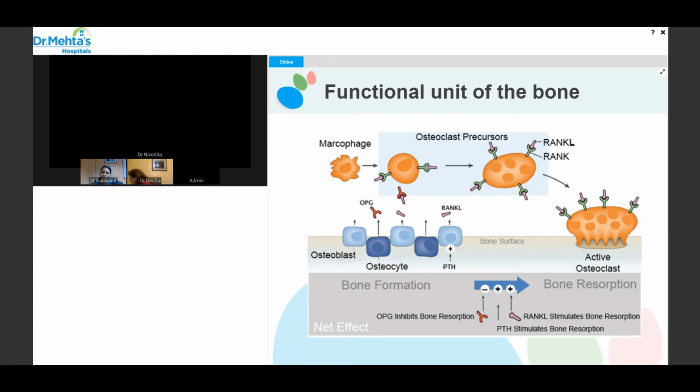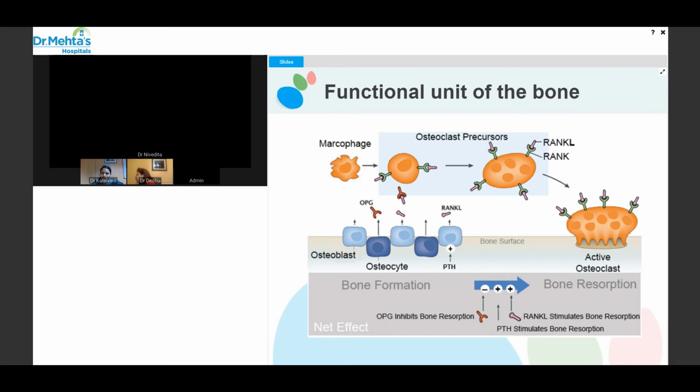To understand more about what happens exactly in the bone, we need to understand the functional unit of the bone. We know that the osteocyte, which was thus far thought to be a very dormant cell, is a key player, in addition to the osteoblasts, which are bone-forming cells, and the osteoclasts, which are bone-resorbing cells.